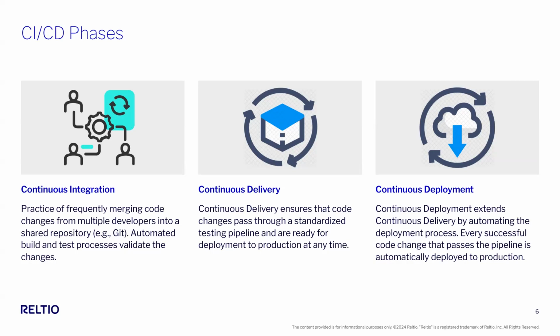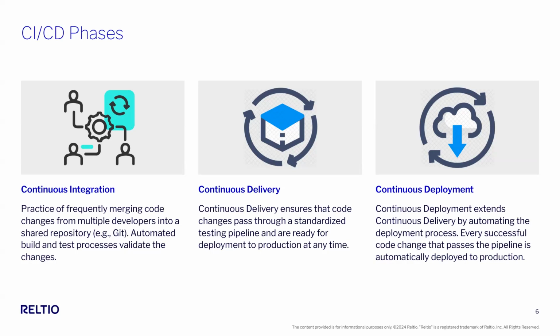Continuous delivery would ensure that the code passes through all the standardized testing procedures, making sure that sufficient quality assurance is done before deployment and the code is deployment ready to production at any time.